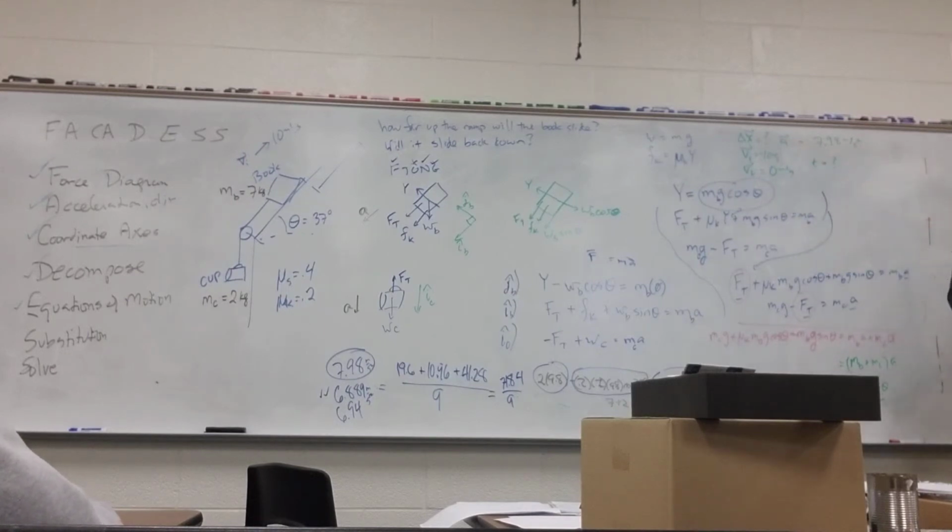We don't need to know time because it's not really part of it. You could solve for time first if you wanted to. It depends on how you want to go about it. You don't need to. And the one equation we have without time is Vf squared equals Vi squared plus 2a dot delta x.